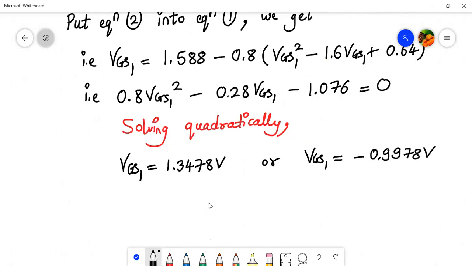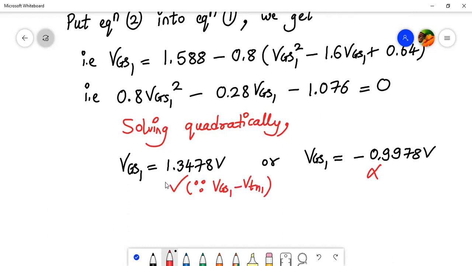0.9978. So definitely without even looking, we have to accept this value and reject this value, because the gate to source voltage cannot be negative. It has to be greater than VT. So here we have to write, since VGS1 is greater than VTN1, right?